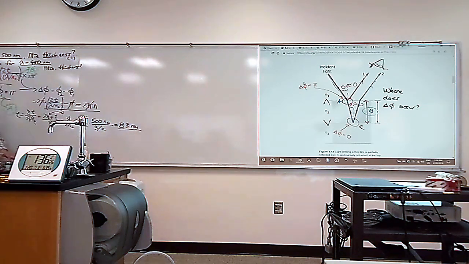Good? Yeah, so that's the answer. So the minimum thickness that would give a bright fringe for green light, it's a pretty thin thickness, I guess.